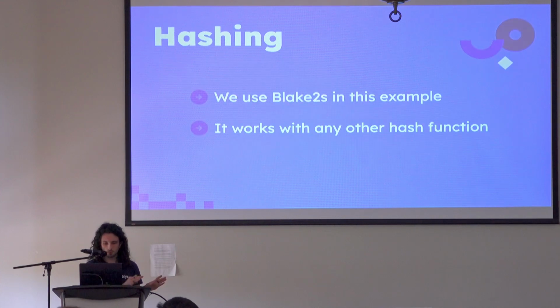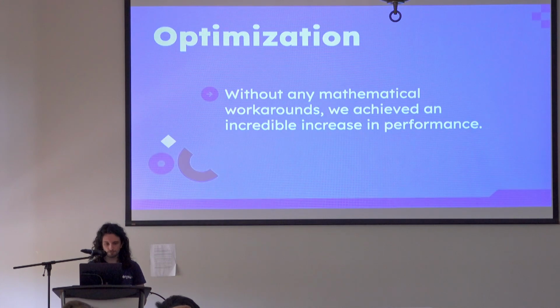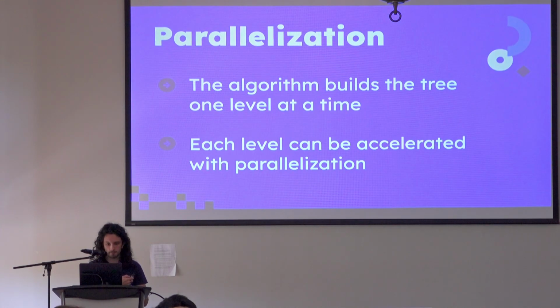Now, as a side note, we use Blake2s for hashing in this example, which was also implemented in GPU, but it works with any other hash function. Without any mathematical workarounds, once again, we achieved an incredible increase in performance. The way we parallelize this is the same way we parallelize the tree-based Montgomery trick.